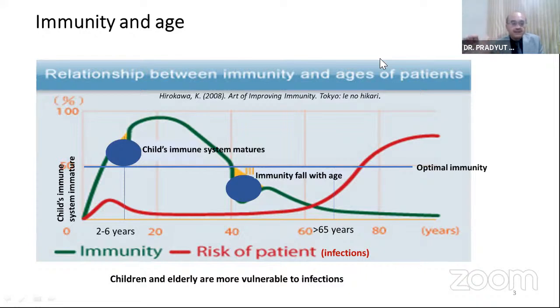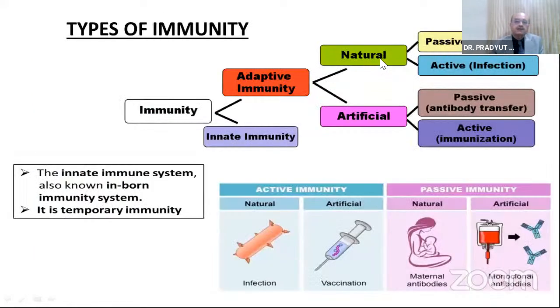But then as he goes into more than 60 years and into the elderly population, his immunity tends to fall with age. So the immature immune system in childhood and the immunosenescence in the elderly people is the reason why children and elderly are more vulnerable to infections. So we have to take care of these two groups of populations.